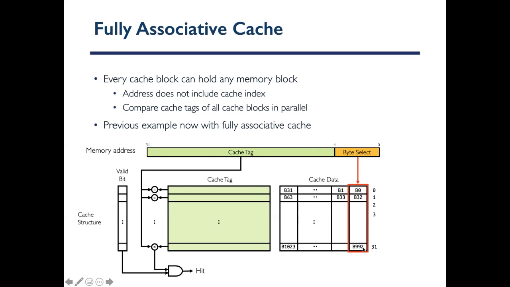Now, just before I end this lecture, as you can see, coming from direct map to two-way set associative and now to fully associative, the reason that fully associative is very flexible is that your memory could be anywhere in the cache. You have freedom in where to put your memory block. But this comparison, comparing your tag with every single tag, requires a lot of hardware and time consumption.